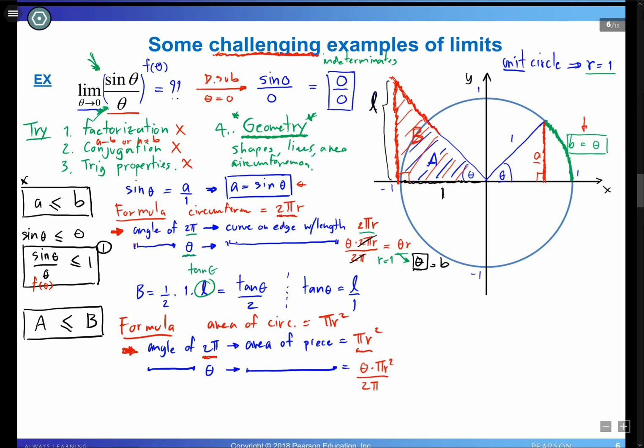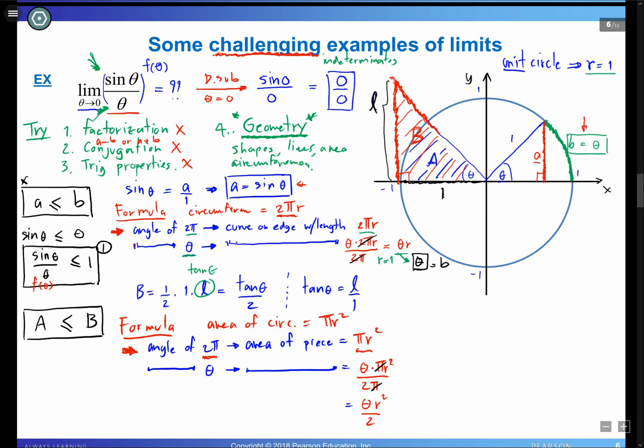So here we are going to cancel pi, and we have theta r squared over 2.